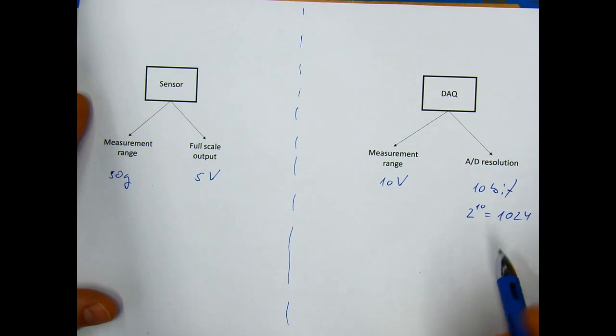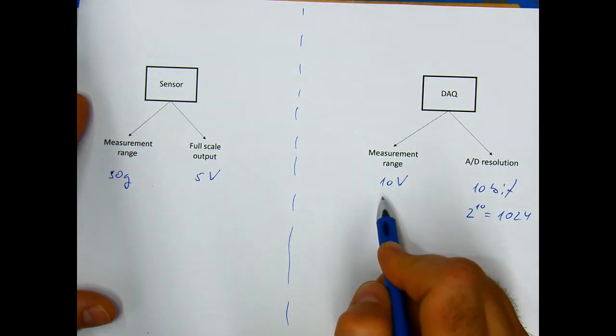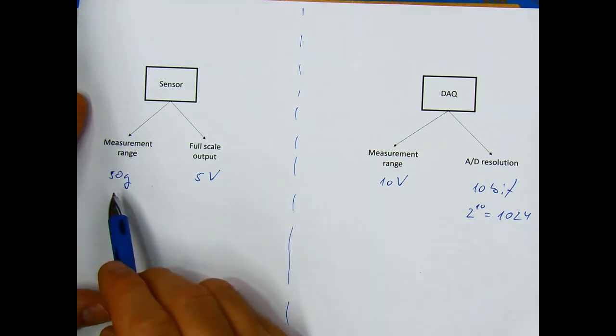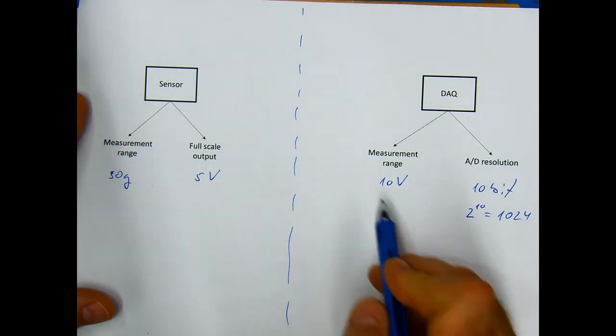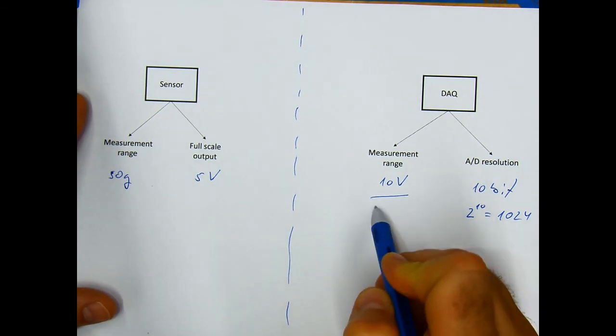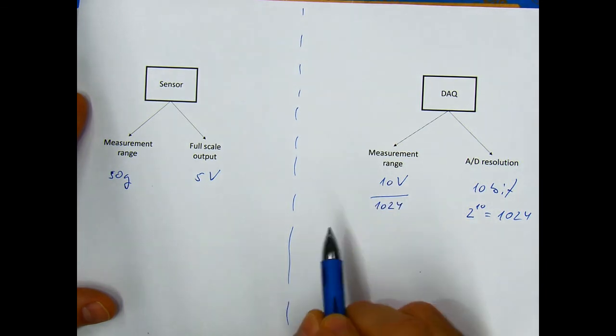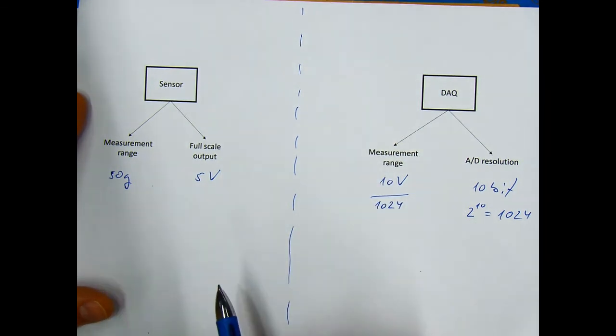discrete values. So in your measurement range, you get smooth continuous values from your sensor, but in the instrument, this is divided by 1024 values. So you have little jumps along the measurement range.